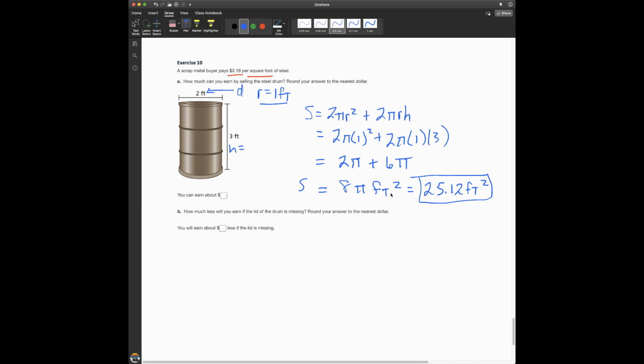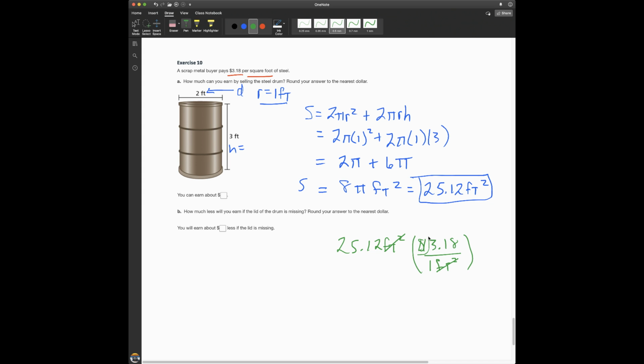That's how much metal I have. So I basically need to take 25.12 feet squared and multiply it by the price, which is $3.18 per square foot. All right, and I do that. Do this multiplication, the feet squared are going to cancel actually.